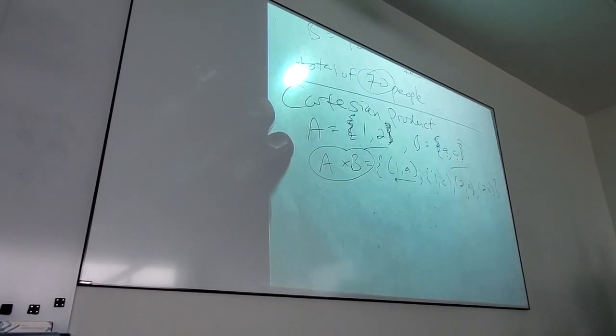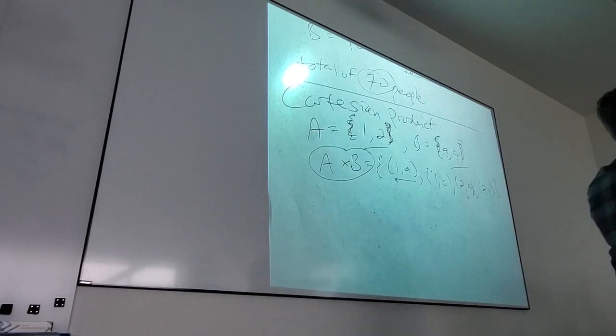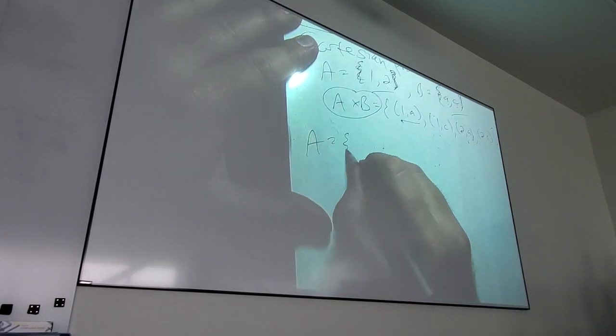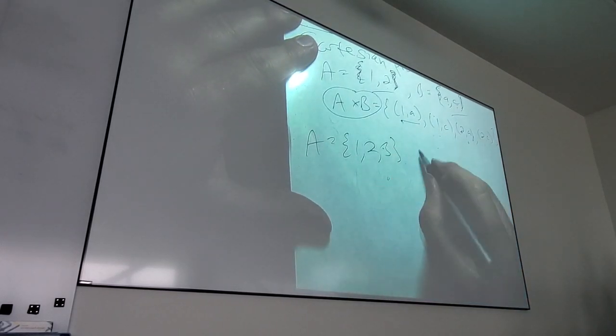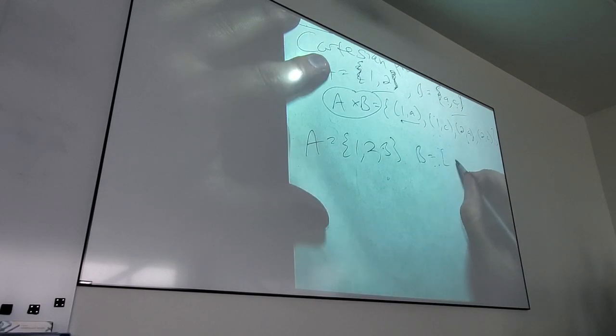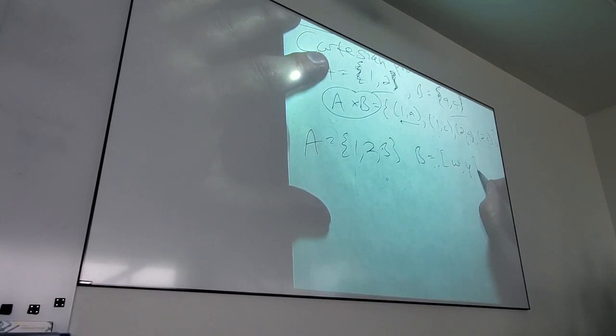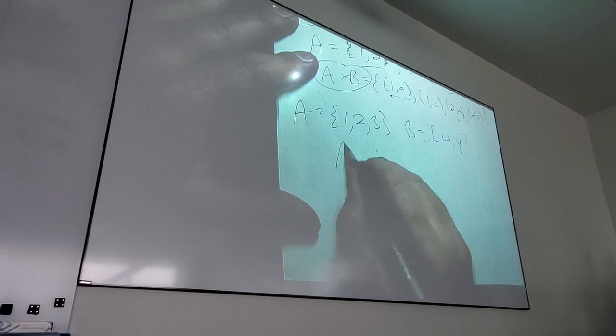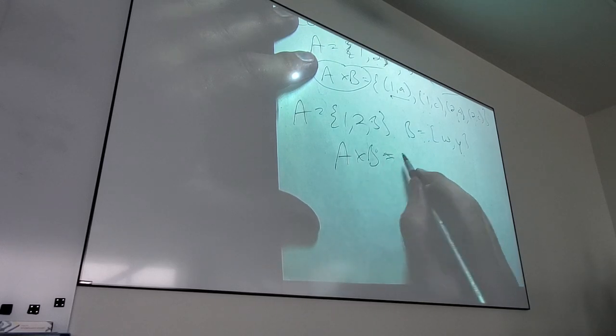This actually is related to why we use the X for times. It's actually something called a cross product. It's got a larger idea than what we think, but this is really basic. So if I had a set A like {1, 2, 3}, and set B was {W, Y}, what would A times B, the Cartesian product, be?